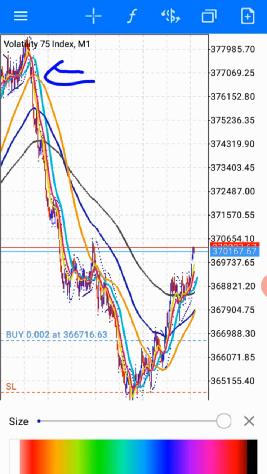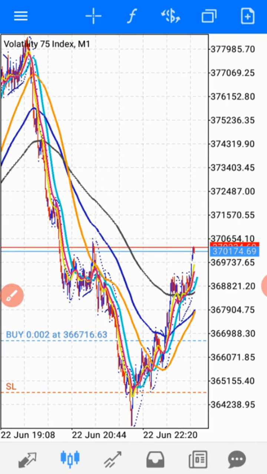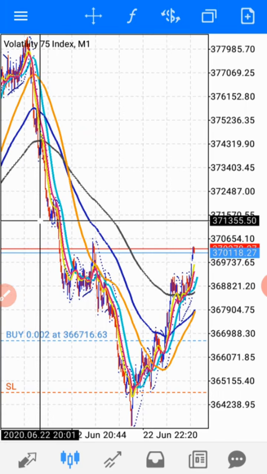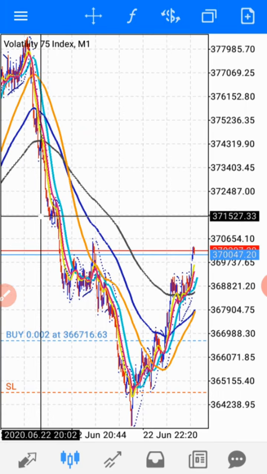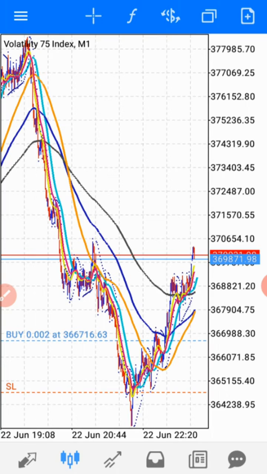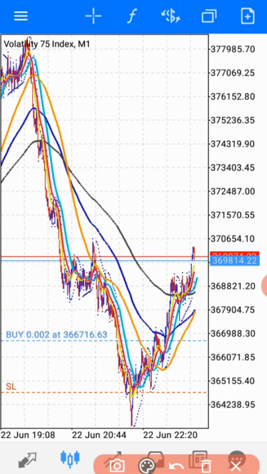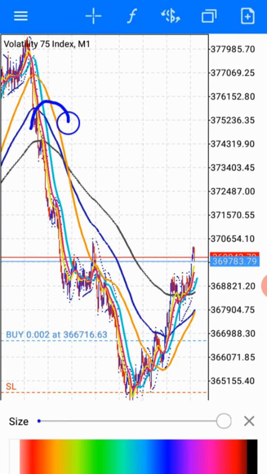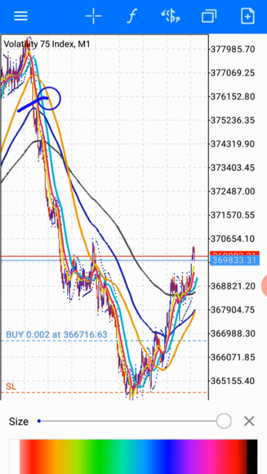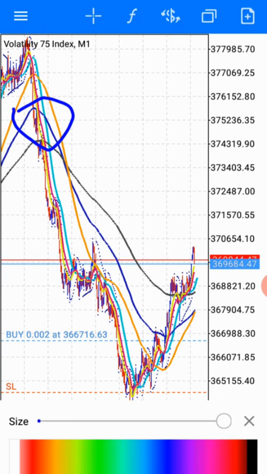If we use our cross here, we see where the price was. See our blue here. The price was around here before they crossed.